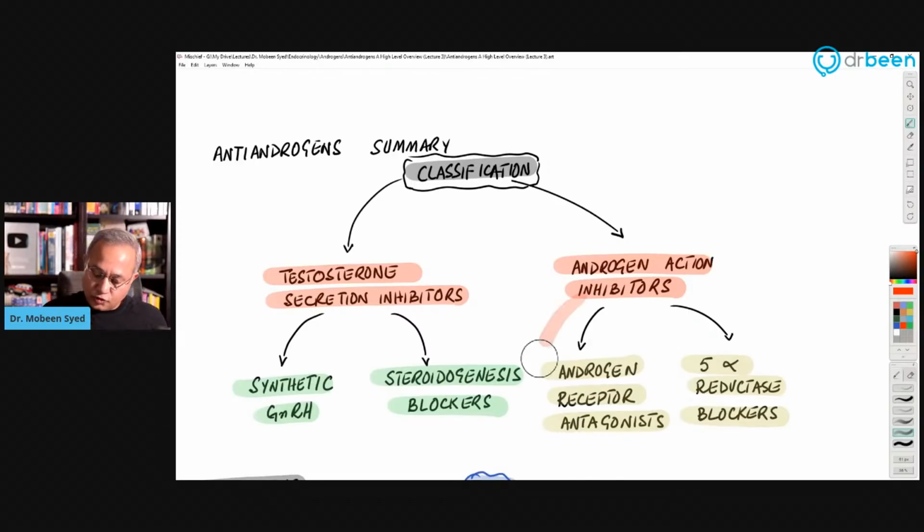In this group, we have androgen receptor blockers or antagonists, and we have 5-alpha reductase blockers. These are those that would block the conversion of testosterone to dihydrotestosterone in prostate and other tissues. So these are various classes. Some of the drugs would prevent the secretion of testosterone, and some of the drugs would prevent the action of testosterone. So let's see them.